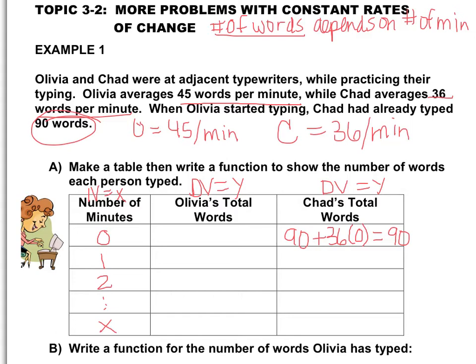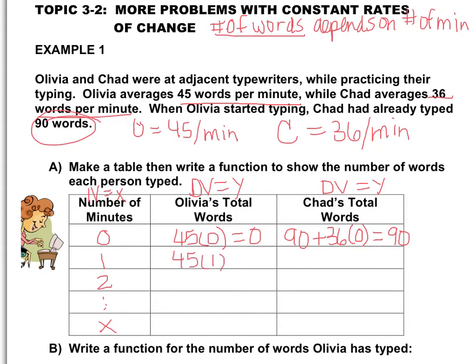So Chad initially starts with 90. Olivia hasn't started typing yet, but we do know that she types 45 per minute, which at 0 minutes, we're going to just type in a 0, and that equals 0. So she's starting at 0, but Chad is starting at 90. This is going to help us fill in the rest of our table. Now Olivia, for the next minute, is going to type 45 words.